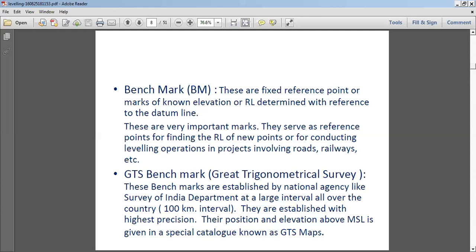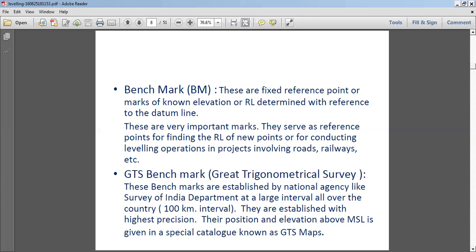So next is the GTS benchmark, the Great Trigonometrical Survey. This is established by national agencies like the Survey of India department. You can see the benchmarks are already placed at about 100-kilometer intervals.